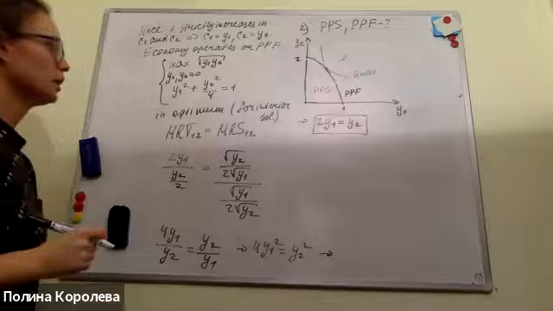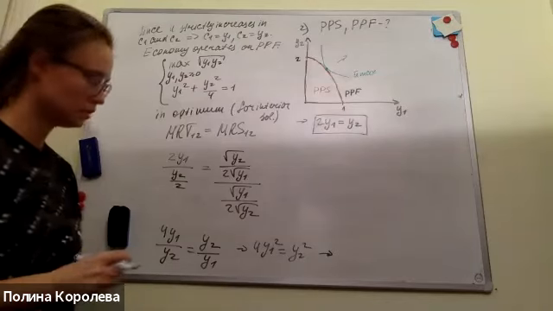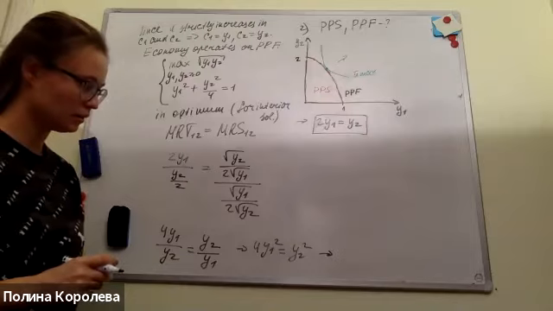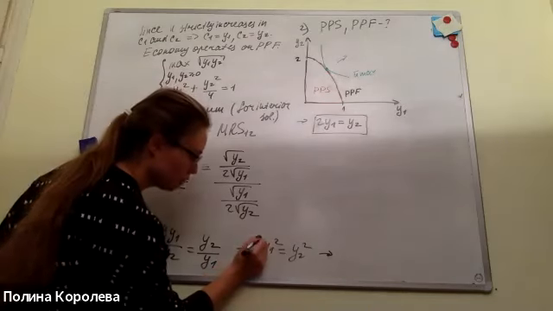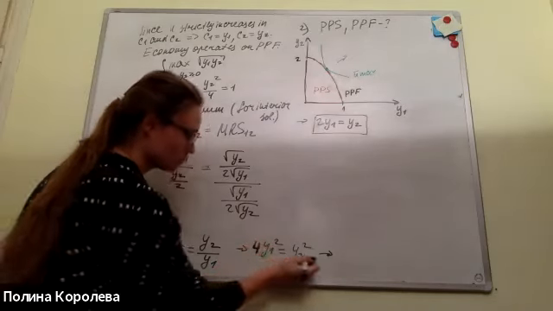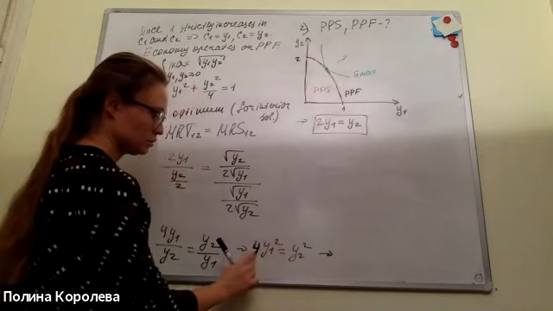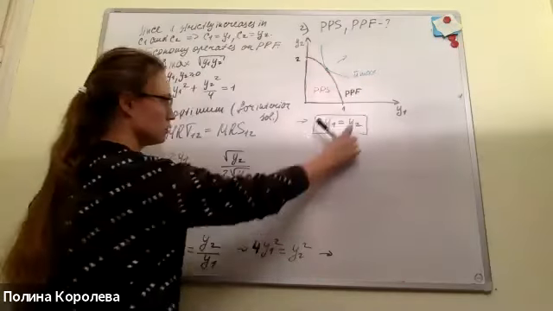Why do we cancel square roots? Why do we cancel square roots on the right side? To find y1 and y2. Here is 4, you see? And when we take square roots, we have 2y1. No, I mean the upper one in MRS, y1, y2.